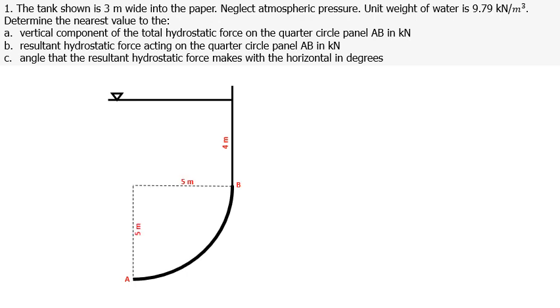We have the water surface, and 4 meters below the water surface is the quarter circle panel AB with a radius of 5 meters and center at point O. In letter A, we are asked to solve for the vertical component of the total hydrostatic force, and that is Fv.